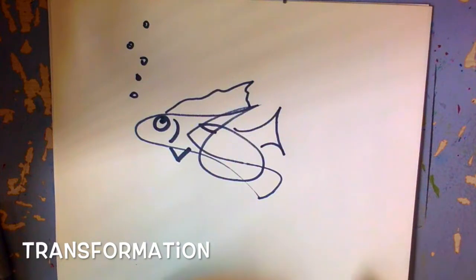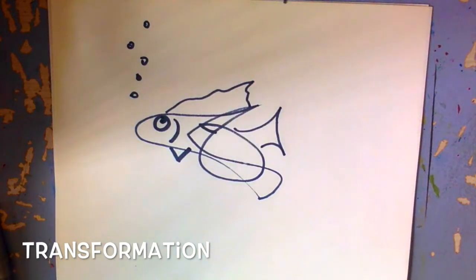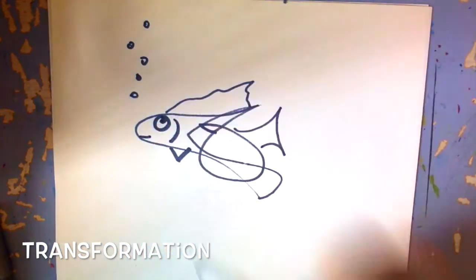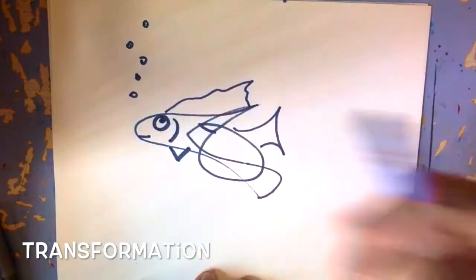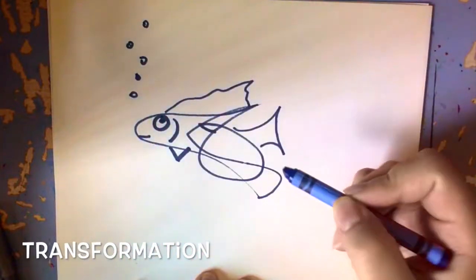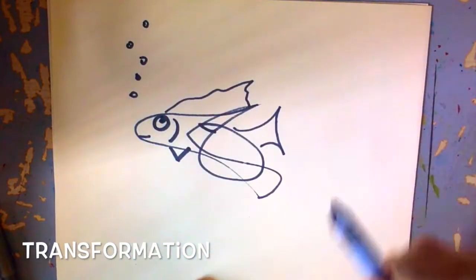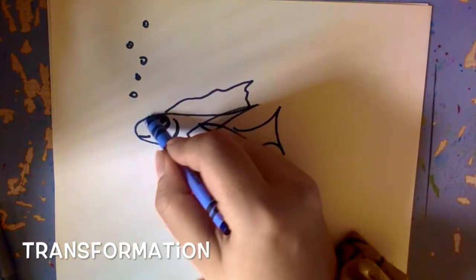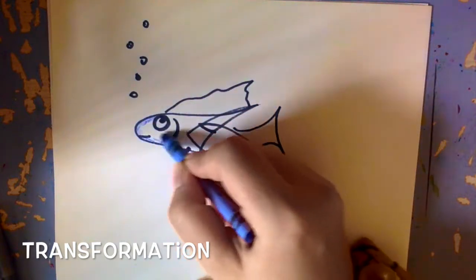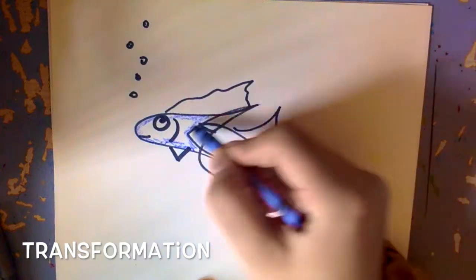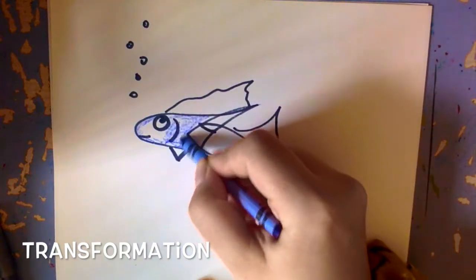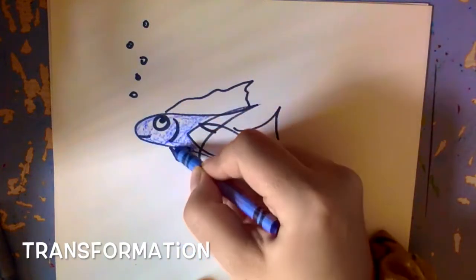Now that I have my scribble fish, I'm going to go in and color. So I will go ahead and start coloring. Now, am I going to scribble in my colors? No, I'm going to be careful. And I'm going to trace around my shapes first, and then carefully color them in.